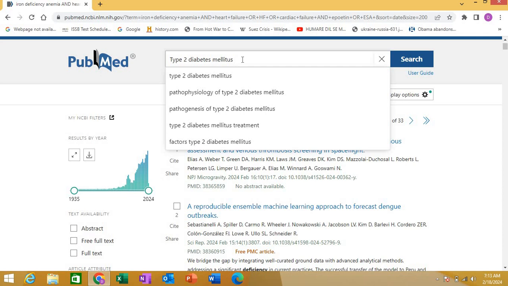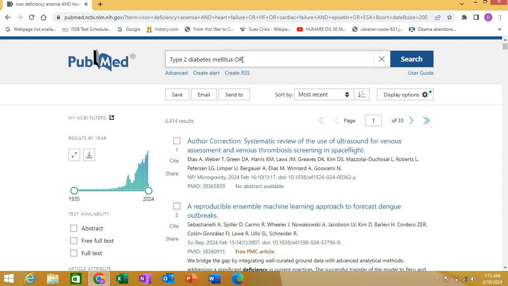So I will use the Boolean term OR and put another key term, that is T2DM. T2DM is a commonly used short form abbreviation. With the Boolean OR, I have used both these terms. Now another term, rarely used but used in old literature, is insulin independent.